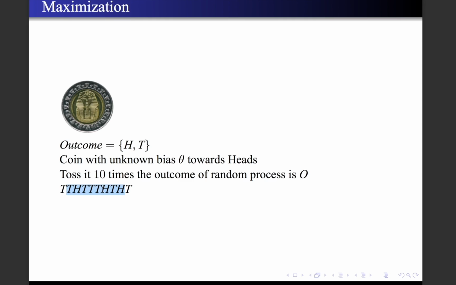Let's reflect on this problem together, because it seems straightforward in some sense: you're just dividing the number of heads by the total number of tosses. But there is something hidden here. The bias the coin is made with, due to its physical attributes like weight distribution and so on, might have been something different.